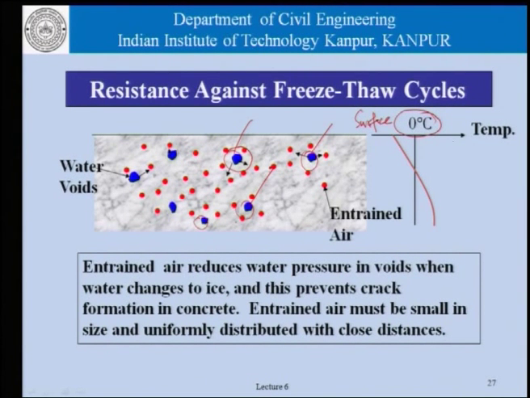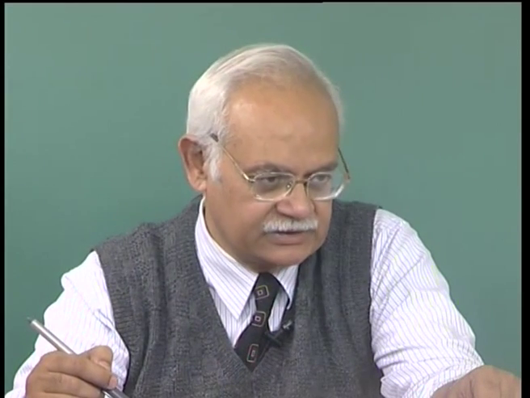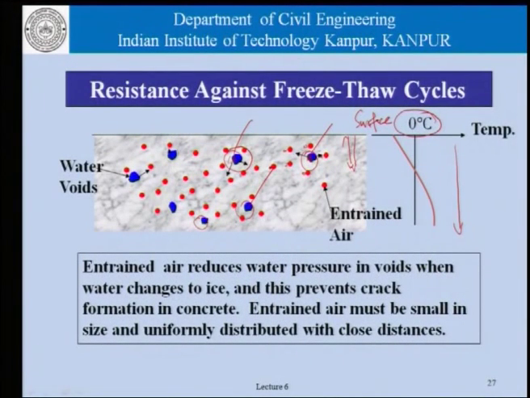So, as the temperature goes below 0 here at the surface of concrete, there is a thermal gradient, the temperature distribution within the concrete is established, and we see that near the surface this water in the pores or pore spaces or voids tends to freeze, and once this water freezes it expands, and these air particles around the water provide some kind of an outlet for the water that is getting pushed out on account of the freezing action, thereby holding the concrete together in this area.